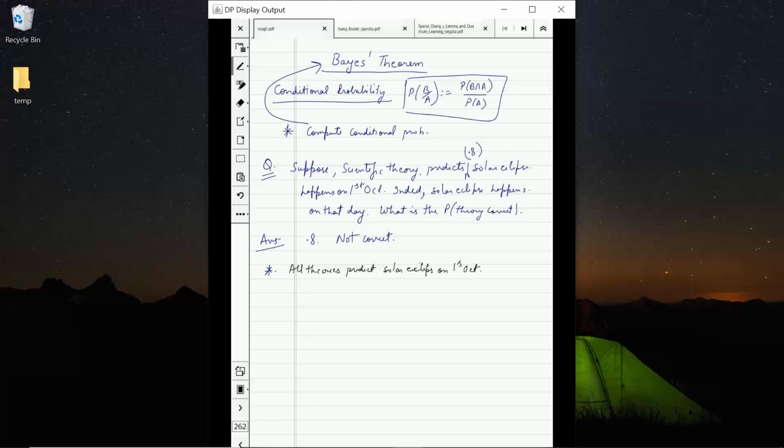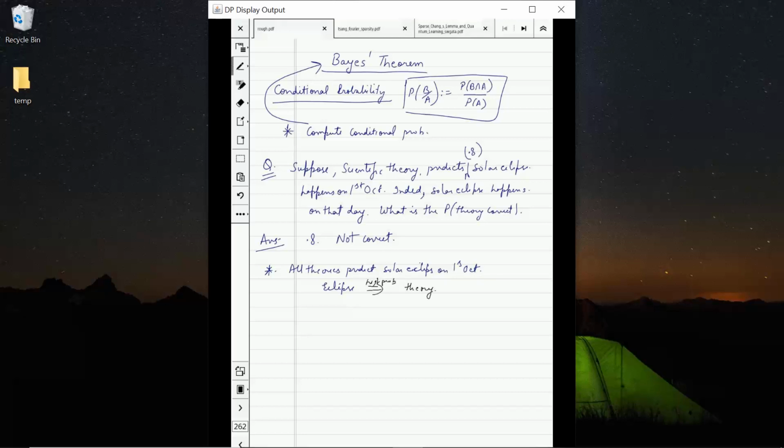So that means it was going to happen no matter what. Whatever be the scientific theory, it was predicted that the eclipse would have happened on 1st October. In that case, I can't take this as a very, very serious evidence. That means eclipse should not imply with high probability that the theory is correct.